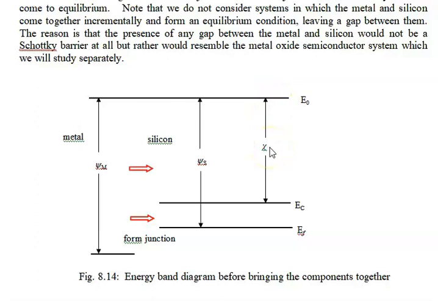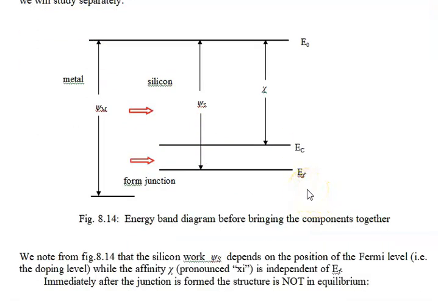It is a constant for a given material. For silicon, for example, it is 4.05 eV, where we can't make that statement for the work function. The work function will almost always be more than 4.5 eV, but it depends on the level of the Fermi level.